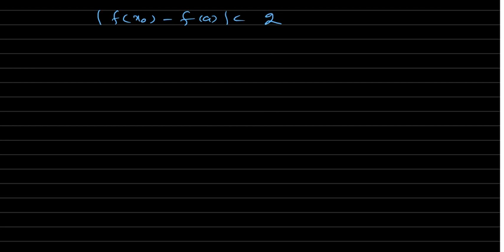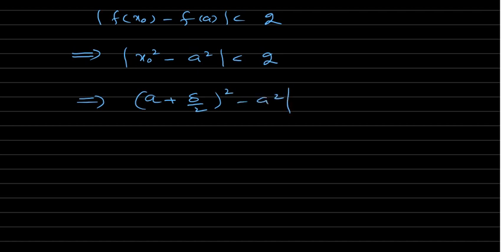Okay, so this means f of x naught minus f of a, that is x naught square minus a square, is less than 2. a is a positive number and x naught is a plus delta by 2, so this implies a plus delta by 2 whole square minus a square.